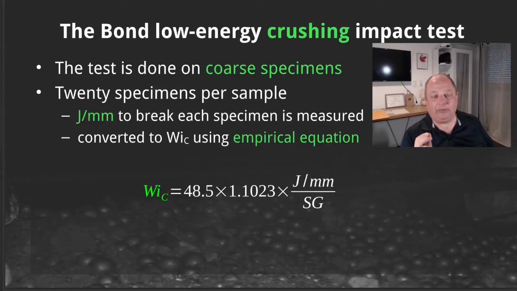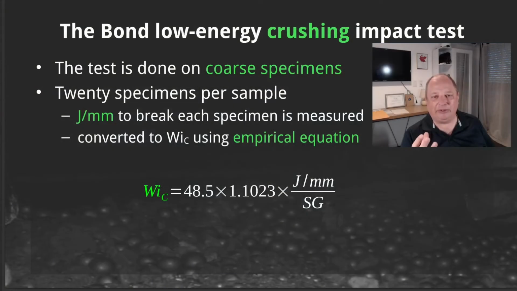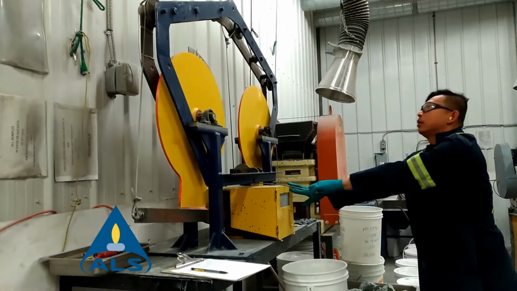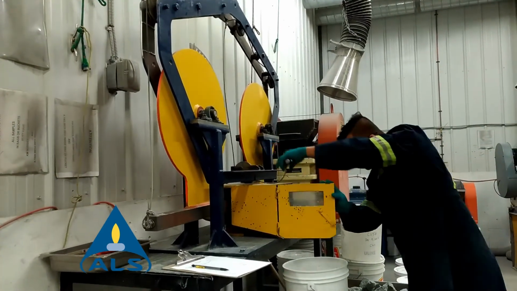The test is done with very coarse specimens. So you basically go out and take a bucket full of rocks, where those rocks are 50 to 75 millimeters nominal dimension, so 2 to 3 inches. You're going to run multiple specimens through the machine. You put a specimen in the machine, you whack it with the pendulums until the machine manages to break the rock.